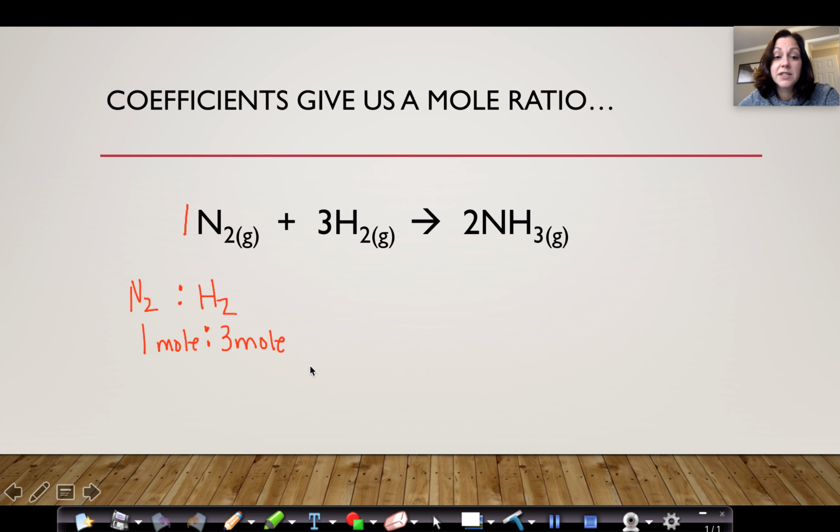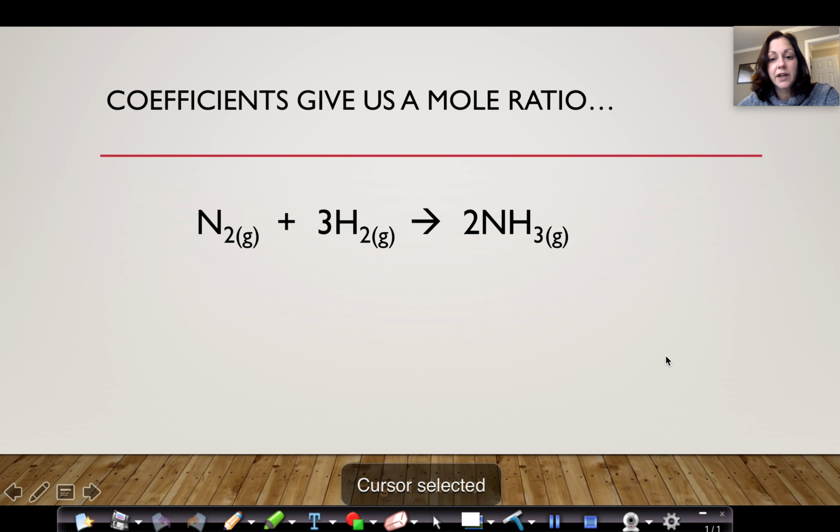That's what the coefficients tell us. So for every 1 mole of nitrogen, we need 3 moles of hydrogen. If we were to have 2 moles of nitrogen, we would need 6 moles of hydrogen, because this number here always has to be 3 times that number. So 3 to 1 is the same ratio as 6 to 2.